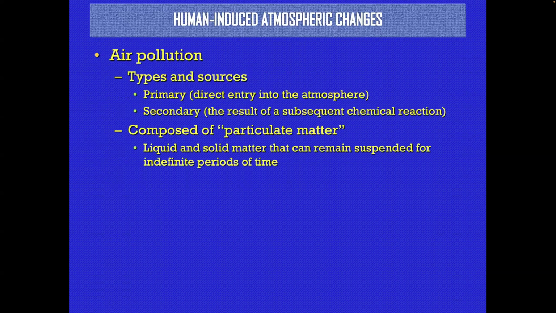Air pollution. So there are types. You can either have primary pollution, which is a direct entry into the atmosphere, like a fire that burns, say, plastic. And secondary, which would be the result of a subsequent chemical reaction, meaning something reacts with something else, causing a third something, and that would be considered secondary pollution.